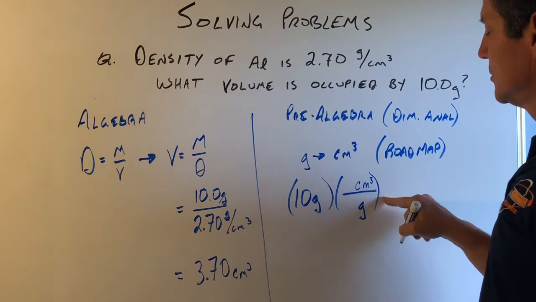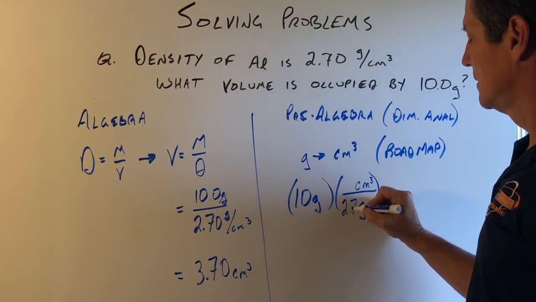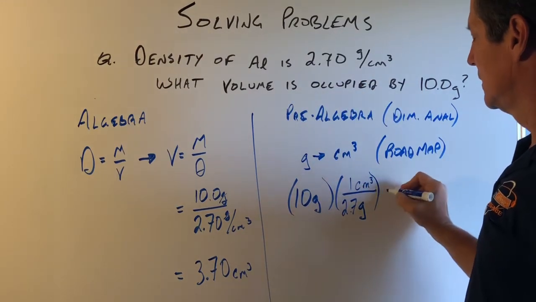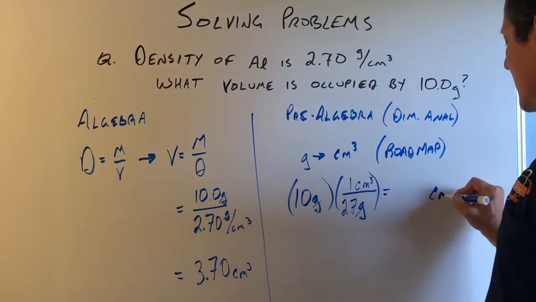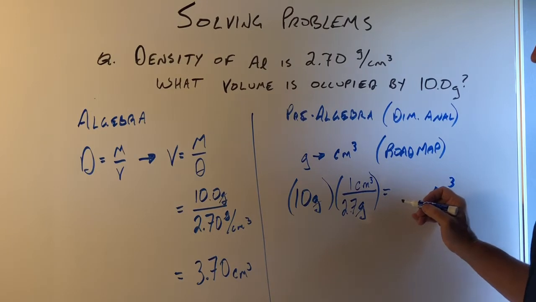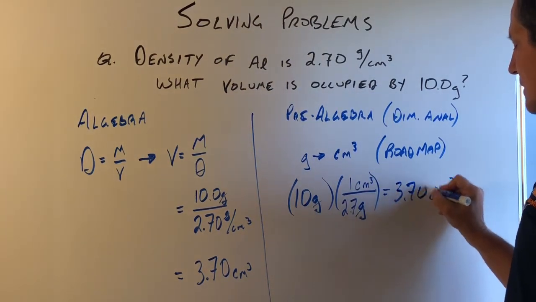And my conversion factor here is that I have 2.7 grams per cubic centimeter. And when I do my conversion here, I get my centimeters cubed, so I'm focusing on the units first, and then when I do the calculation, I get that same 3.70.